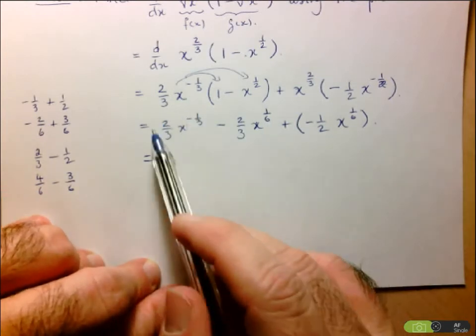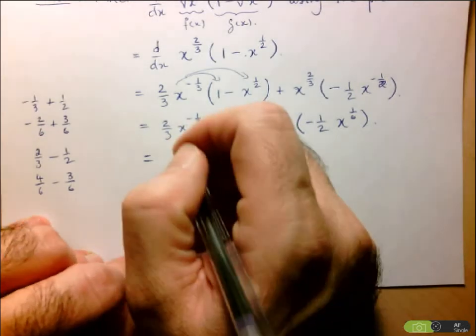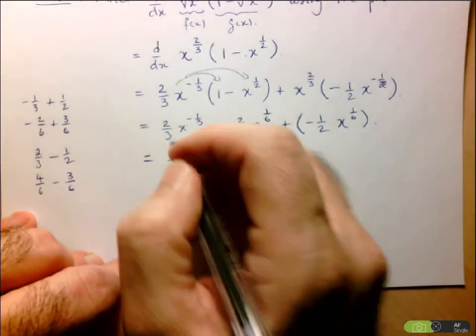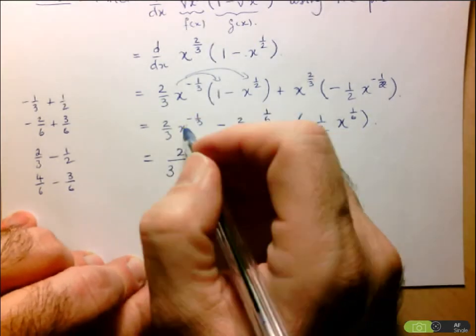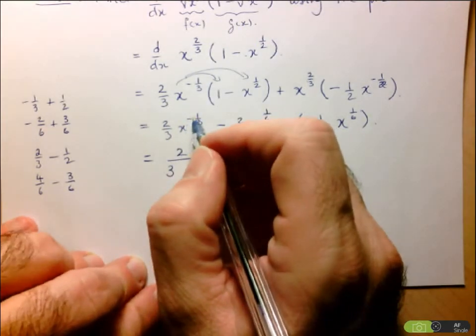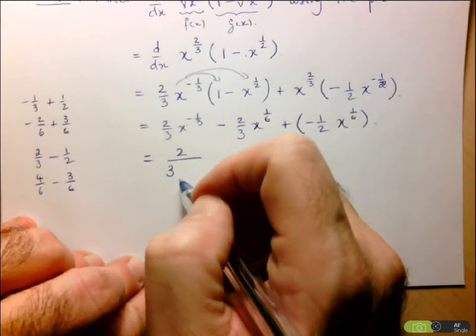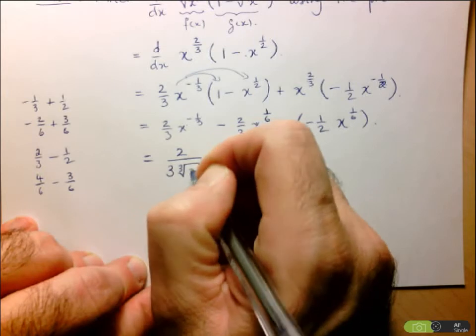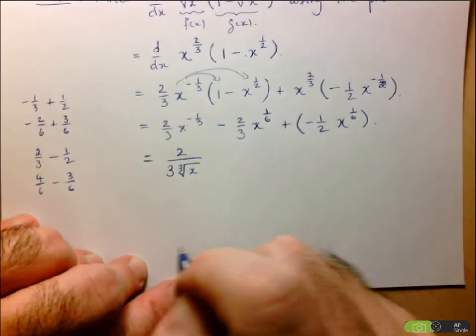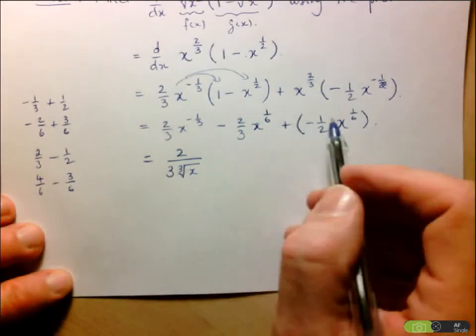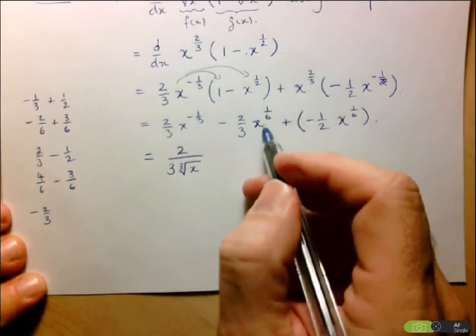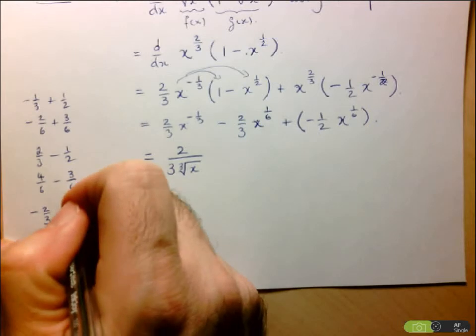So let's start by rewriting this here. In the numerator, the only thing that remains is the 2, and then here we've got 3 in the denominator. And of course this x to the negative 1/3 I'm going to bring down into the denominator to become x to the 1/3, so cube root of x. Now let's bring together these two fractions. So here we've got negative 2/3 and then minus 1/2.